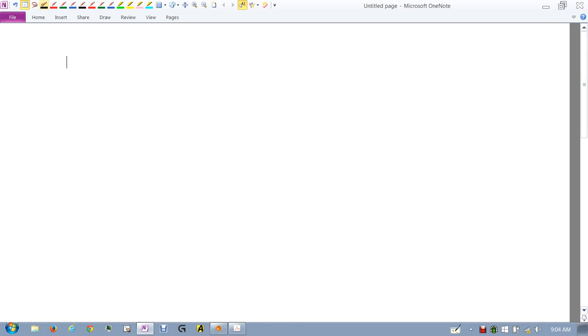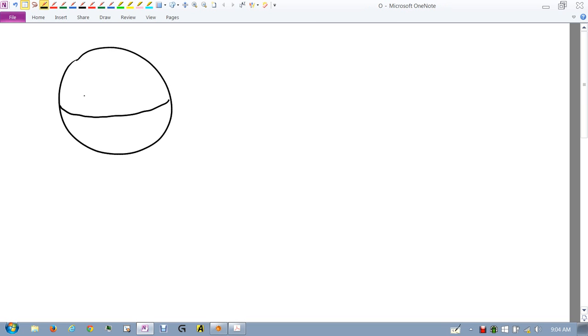Okay, so if you look up on your formula sheet, if you're given a sphere with radius r, what is the volume of a sphere of radius r? 4/3 pi r cubed. So that's the formula. If you know the radius of a sphere, that's its volume.